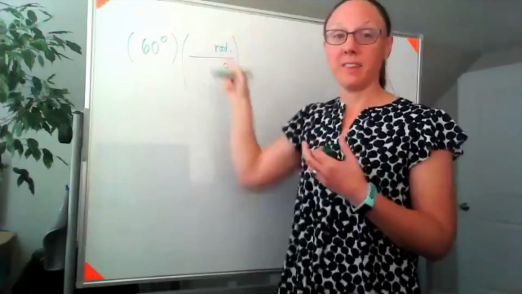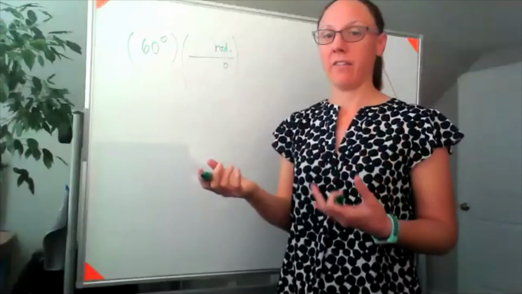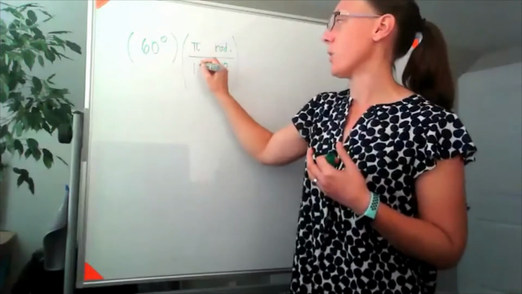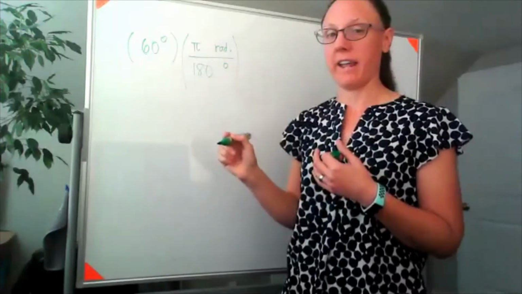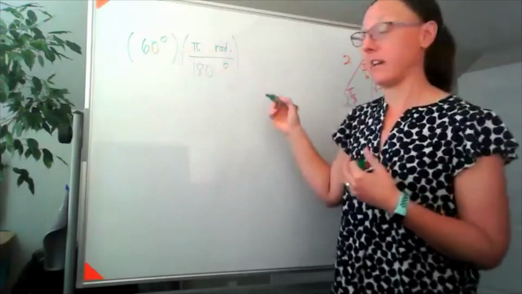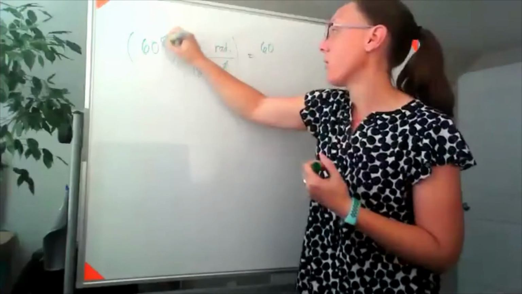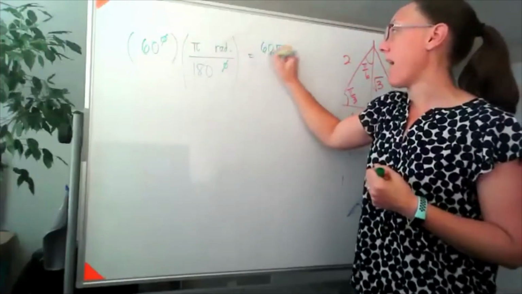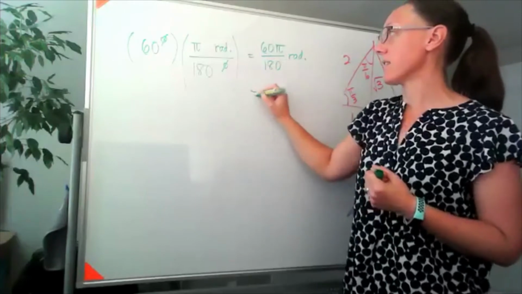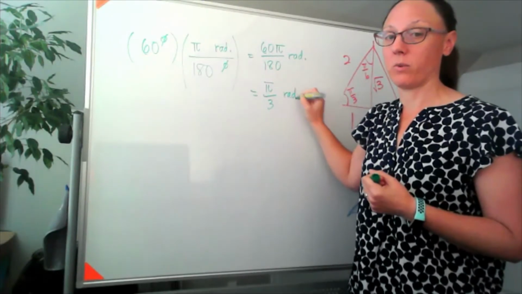This can be any ratio that's equivalent to 1. And the ratio that I use is pi radians is equivalent to 180 degrees. So this is how I would convert from degrees to radians. The degrees would cancel out, and I'd have 60 pi divided by 180 radians, which I could simplify to pi over 3 radians.